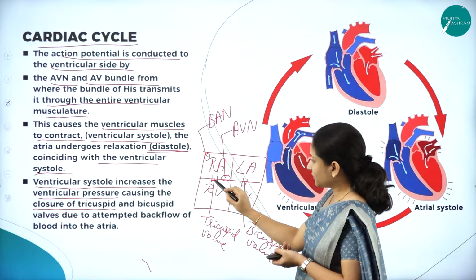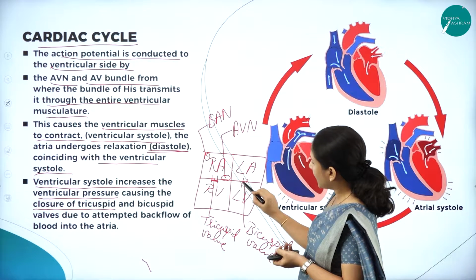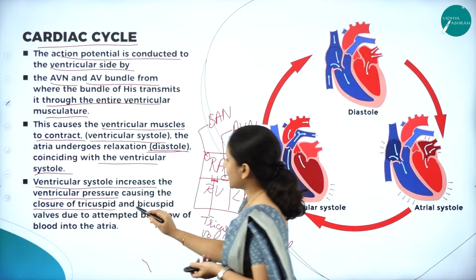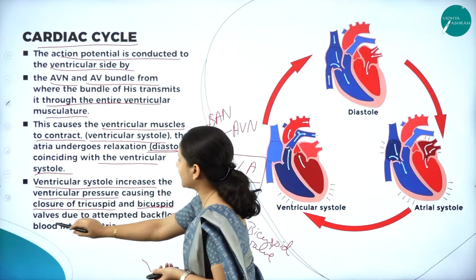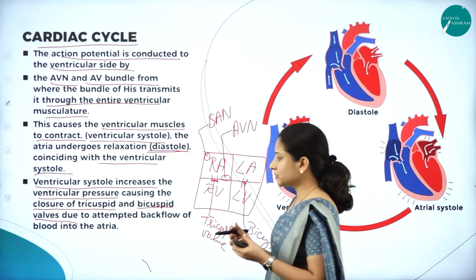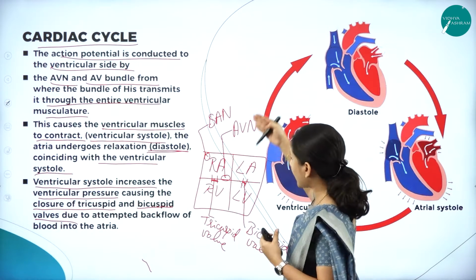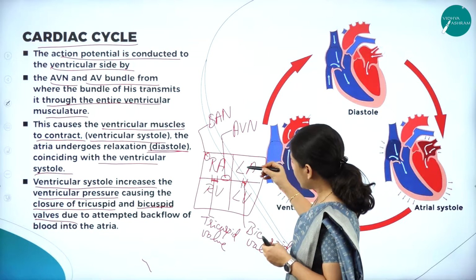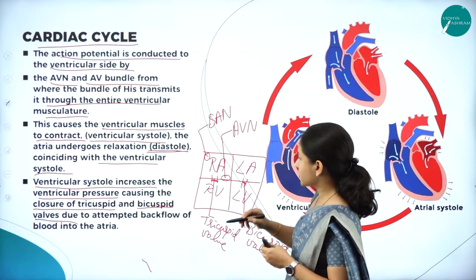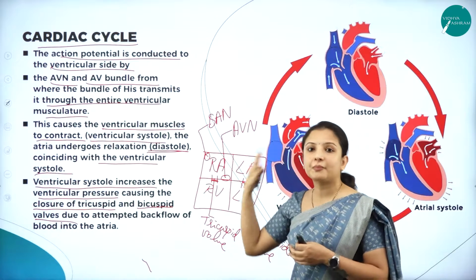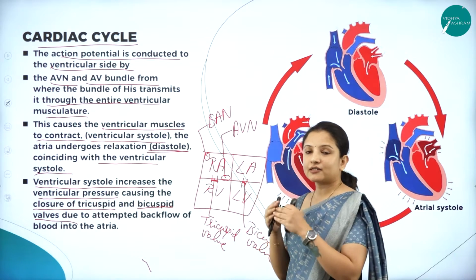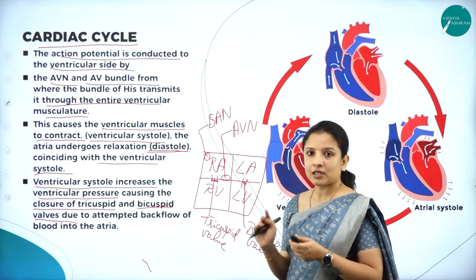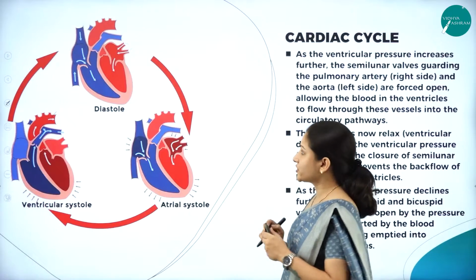This is the tricuspid valve, and this is the bicuspid valve. Here the tricuspid as well as the bicuspid valves close in order to prevent the backward flow of blood to the atria, so that whatever blood is flowing in one direction should not flow back to the upper atrial chambers. That is how the closure occurs. Now the blood is there in the ventricular region. Next, we shall look at what happens.